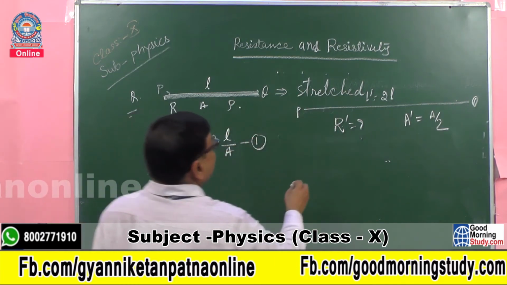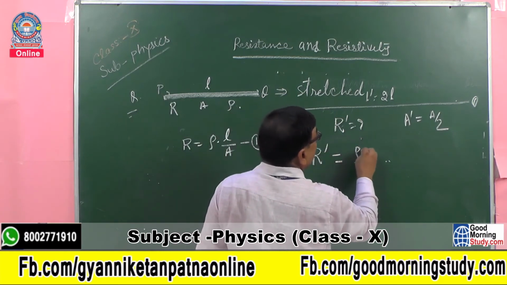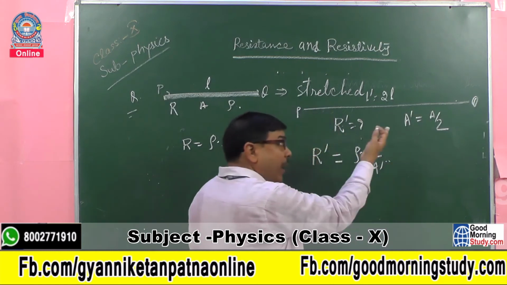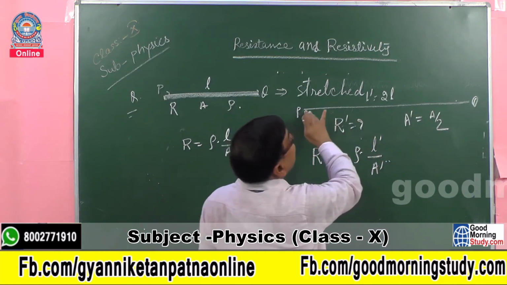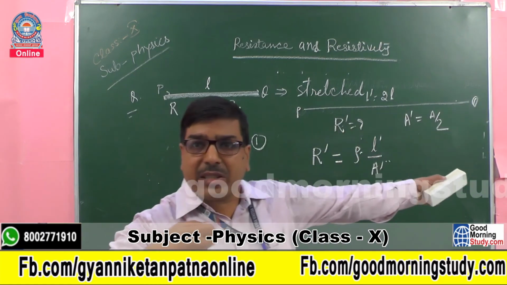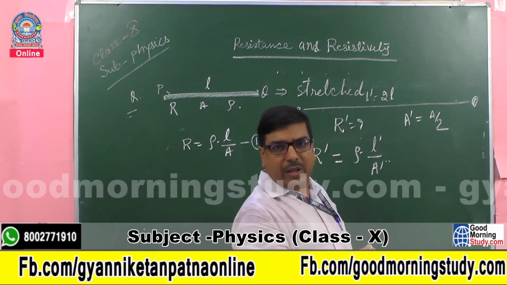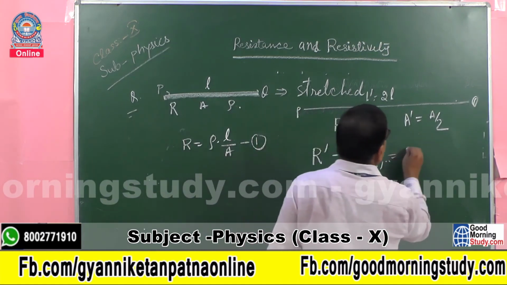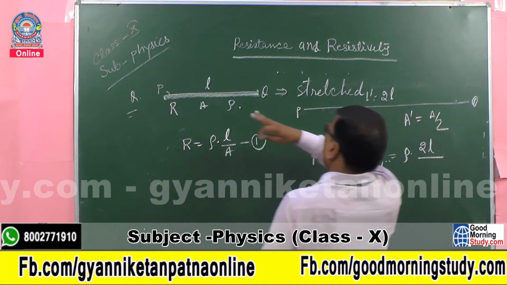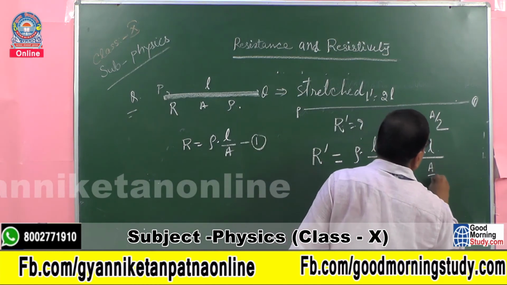But here the new resistance R dash is equal to rho into L dash by A dash. Put the value, because the wire is elongated, stretched, the area is thinner. Okay, so right here the length becomes 2 times the original, but the area becomes half of that. So A by 2 here.